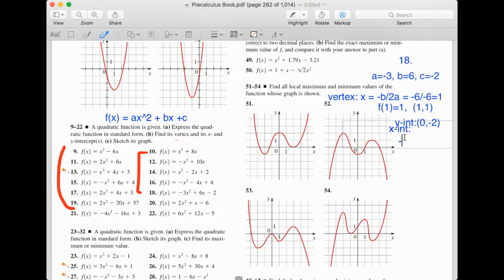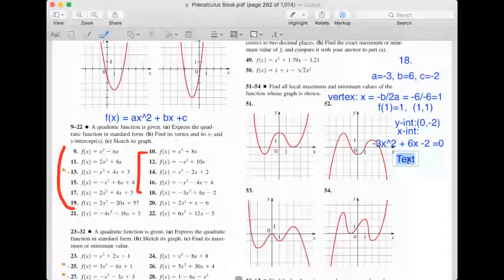So the function -3x squared plus 6x minus 2, we set to be 0. Now let's divide by -3 because we want every term to have 1 as coefficient. Then we have x squared, 6 divided by -3, that's -2x, then -2 divided by -3, that's 2 over 3, equals 0.